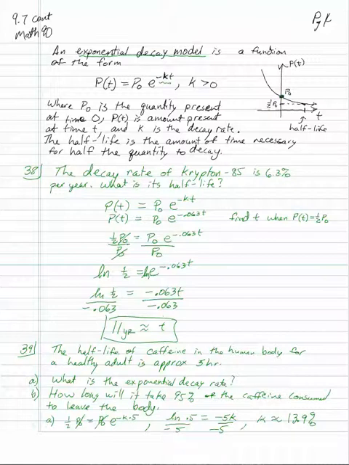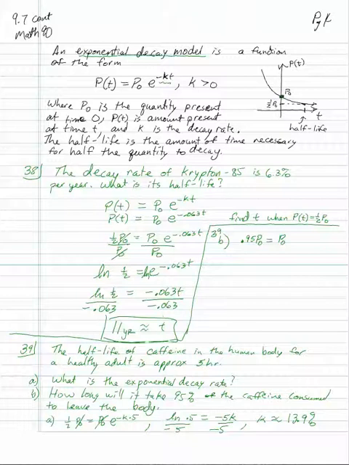So B: how long will it take 95% of the caffeine consumed to leave the body? I'm going to do B up here so I don't have to use another piece of paper. So we want 0.95 P sub 0 equals P sub 0 e to the negative 0.139t, and we want to solve this for t.